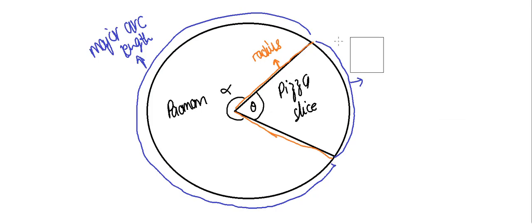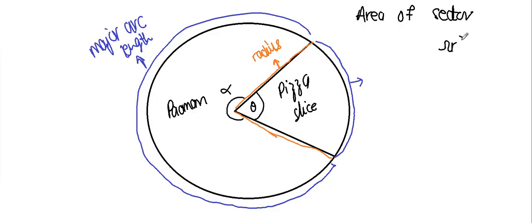In order to find the area of this region, area of sector, it's very simple. We know that the formula for area is, what is it? Pi r square, right? For a complete circle. We know that, right? But we don't want to find the area of the entire circle. We want a part of it.